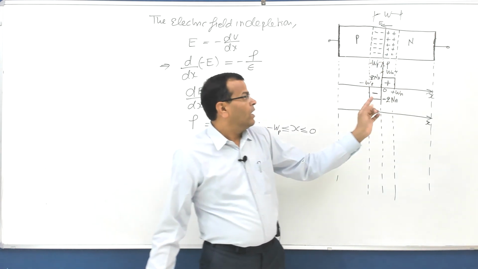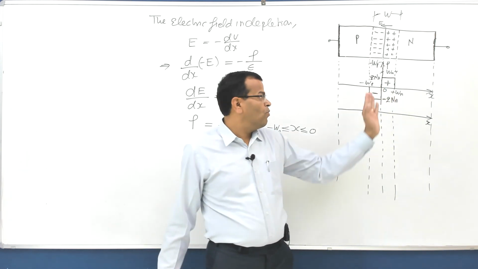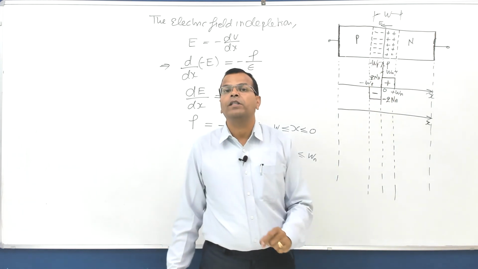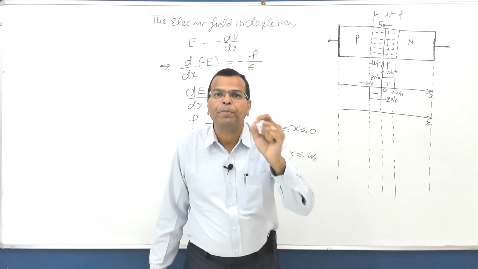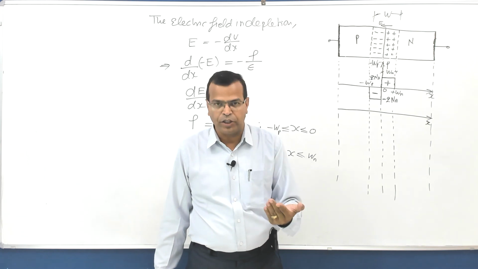And remember, if your charge density is varying abruptly from one side of the junction to another side of the junction, that is called an abrupt PN junction. It is also called a step graded PN junction.